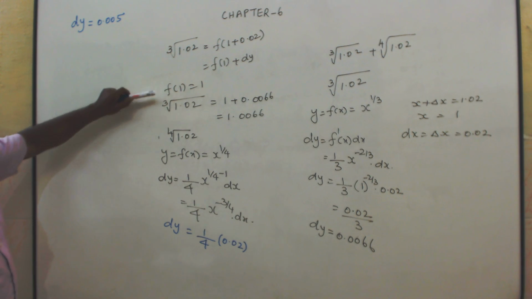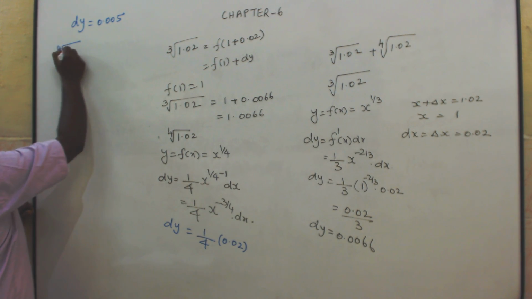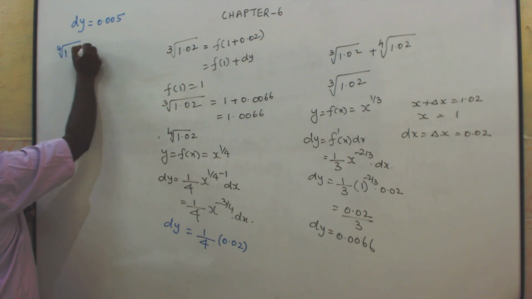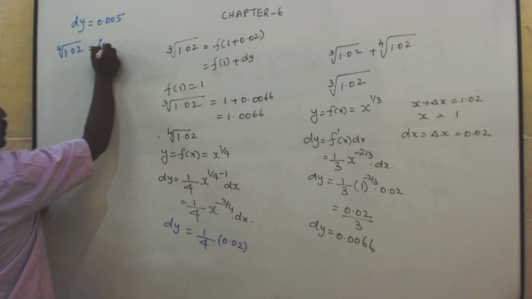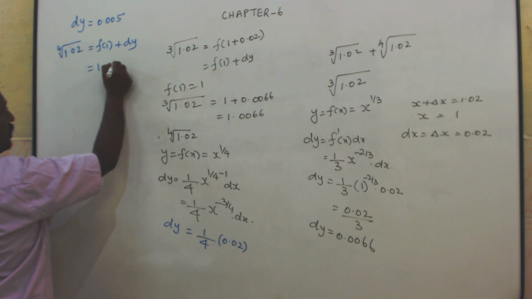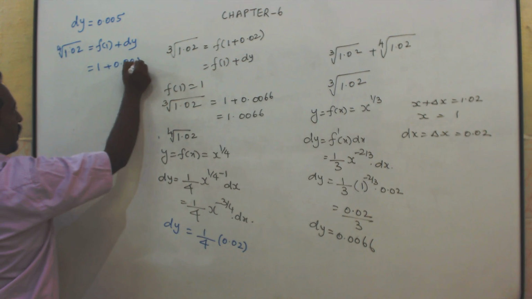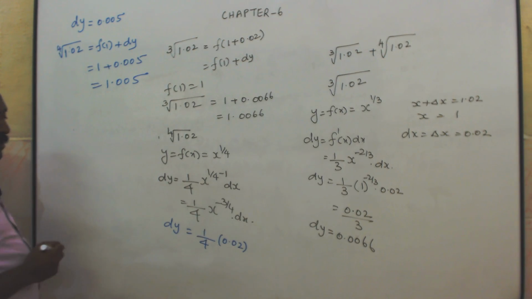Once again the same formula. So, directly we can write the fourth root of 1.02 equal to f of 1 plus dy. f of 1 is 1, plus 0.005, that is 1.005.